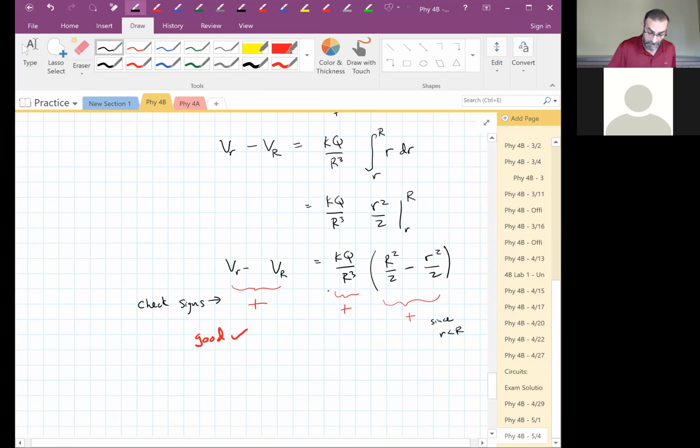So what's the next step? Let's plug in things that we know, okay? So we're trying to solve for V at any r. So let's get that by itself on the left side of the equation. And we'll move V at capital R over to the other side. So we have a KQ over R cubed.